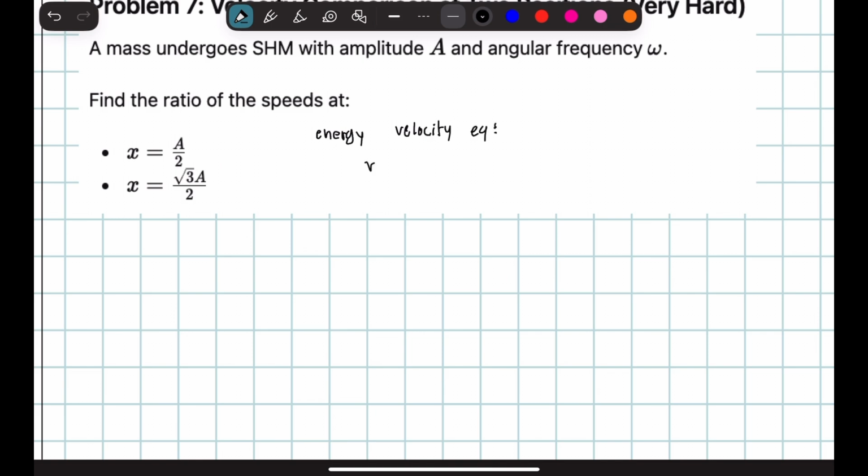So using that, we have v squared is equal to omega squared times A squared minus x squared. So we can compute the speed at x is equal to A over 2, which just means substituting in wherever you see x. So then you have v1 squared is equal to omega squared times A squared minus A squared over 4. And then that's going to be 3 over 4 omega squared times A squared.